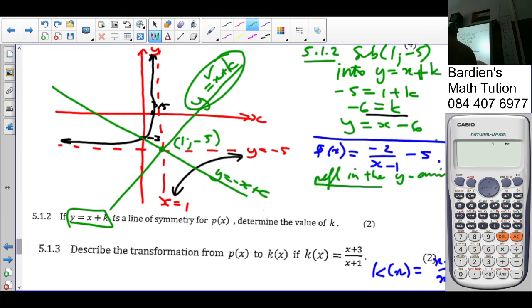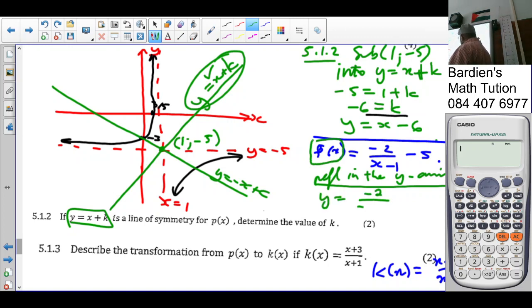What happens if the graph is reflected in the y-axis? X becomes negative. So it's now simply y is equal to negative 2 over minus x minus 1, minus 1. But I got negative as a common factor, and divided with that negative, it becomes positive 2 over x plus 1 minus 1.